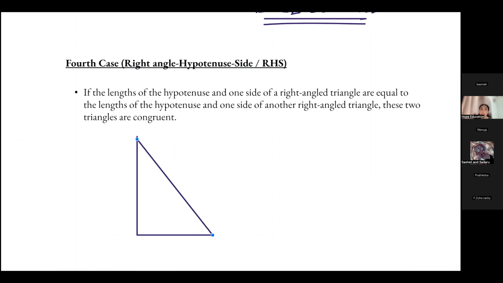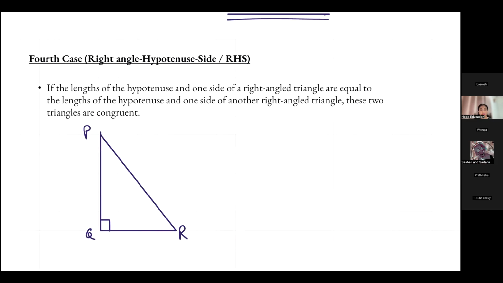This is PQR with a right angle. I have another right angled triangle, and this triangle, let's say, is XYZ.